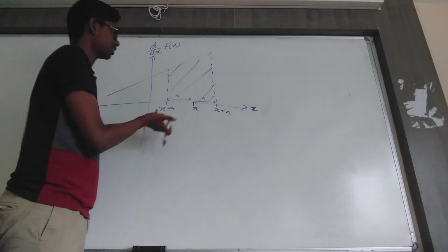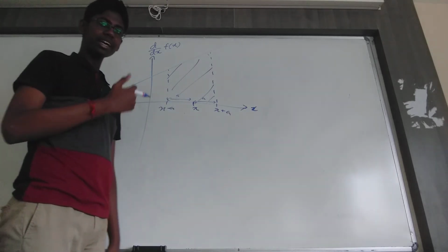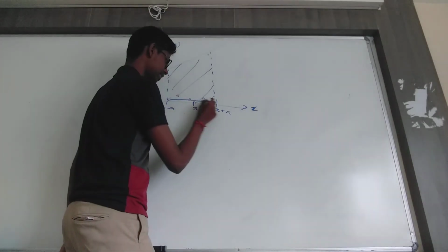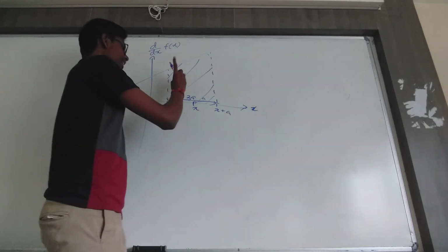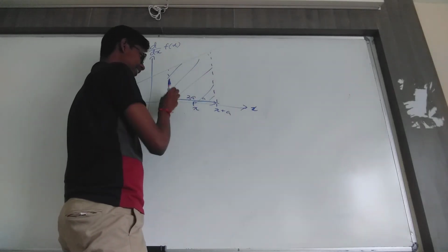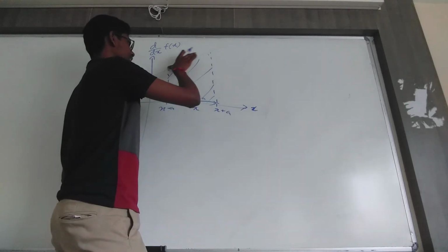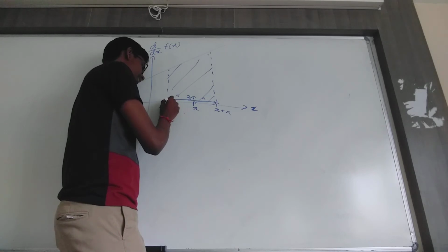This area is f of x plus a minus f of x minus a, and now we're dividing it by 2a. So 2a is this distance. So this area divided by its width is going to be the average height of this shape.